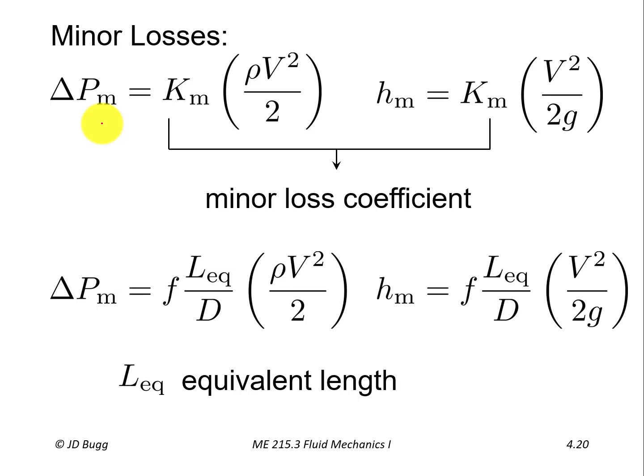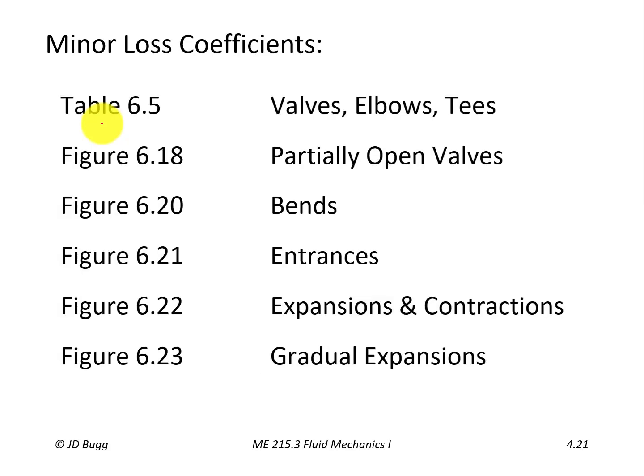Now, for our purposes, there is a set of tables in our textbook that we're going to use for minor loss coefficients. So I'm just going to summarize the resources in our textbook and what types of fittings they have minor loss coefficient information for. Well, table 6.5 is probably the one that we use the most because it has minor loss coefficients for valves, elbows, and T's.